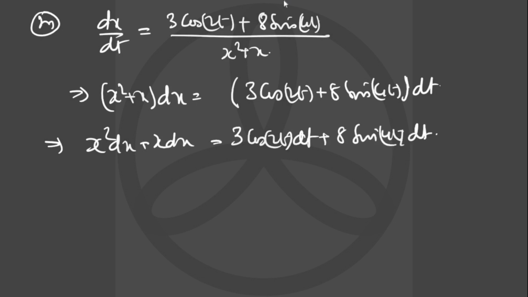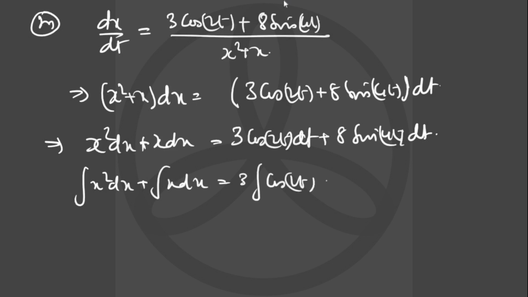Now the moment we apply the integral operator on both the sides, it will apply to each element of it. So we will have x squared dx plus x dx, and 3 cos 2t dt plus 8 sin 4t dt.